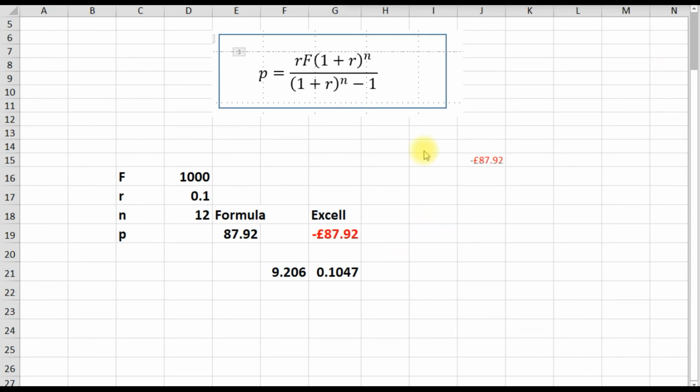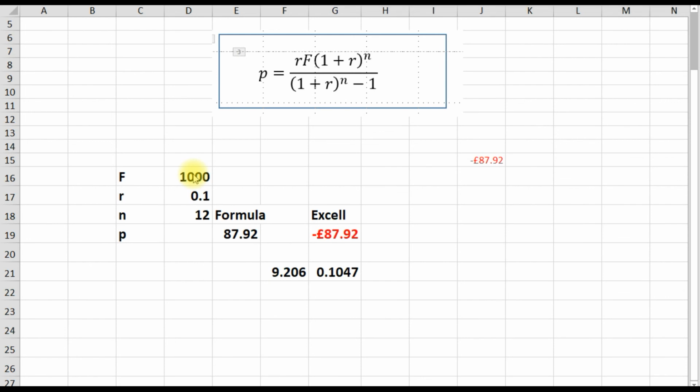Right, as an example, this is the formula we arrived at, and this number here is calculated by an Excel spreadsheet. So if I borrow £1,000 at a 10% interest rate and want to pay it over 1 year, in 12 equal payments, the monthly payment the formula gives us is £87.92, and this is what Excel calculates.